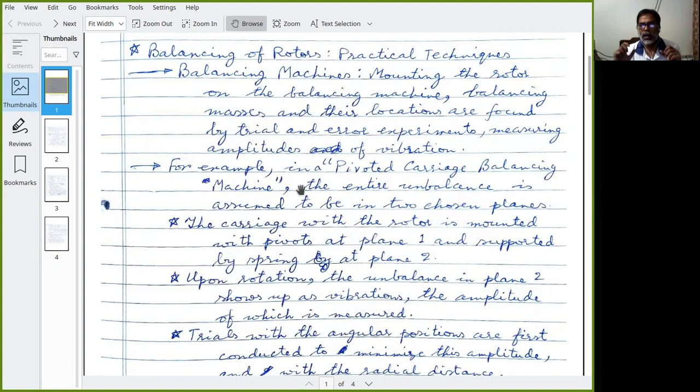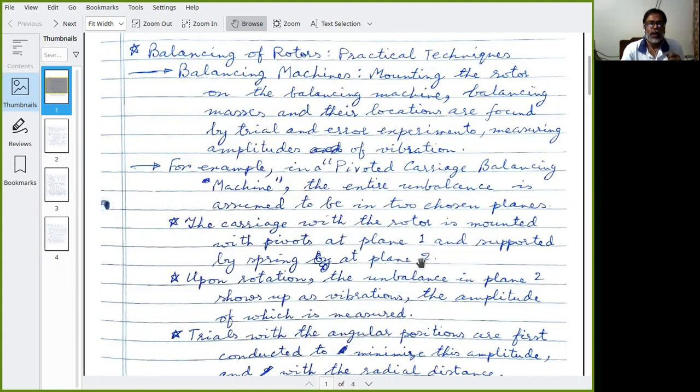Now, the carriage with the rotor is mounted with pivots at one of those chosen planes, call it plane 1, and supported by a spring at plane 2. Then, since at plane 2 it is supported by springs, because of the unbalance there will be vibration, and the oscillations at that plane can be monitored.